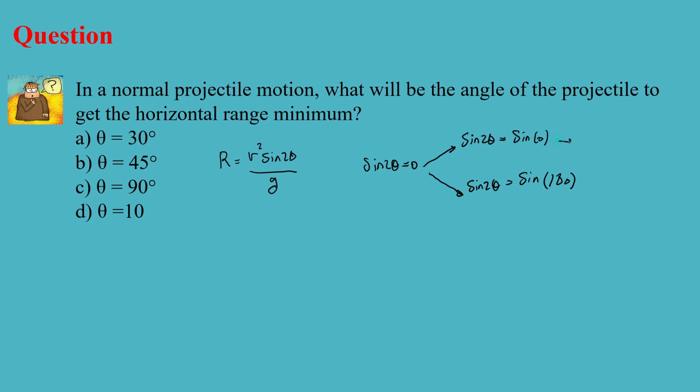If I go with the first, then 2 theta is equal to 0, then my theta is equal to 0. And with the second, my 2 theta is equal to 180, and then theta is equal to 90, right? And then if I look at the choices I have here, I only have 90, right? So my answer is going to be C.